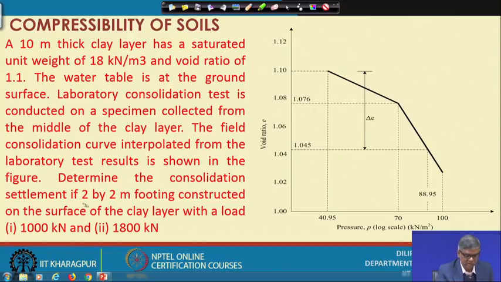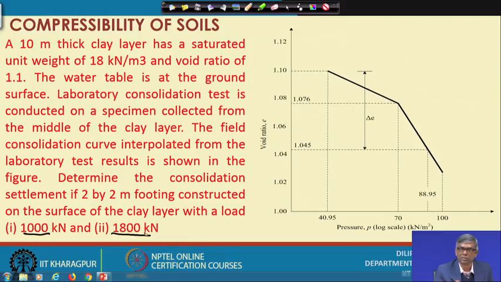Determine the consolidation settlement if a 2 by 2 meter footing is constructed on the surface of the clay layer with a load, once 1000 kilonewton, and another 1800 kilonewton. So, two cases I will show. In one case, you will see that it is within the recompression zone, and when you apply the second load, it goes into the compression zone.